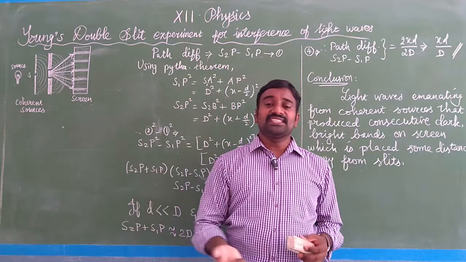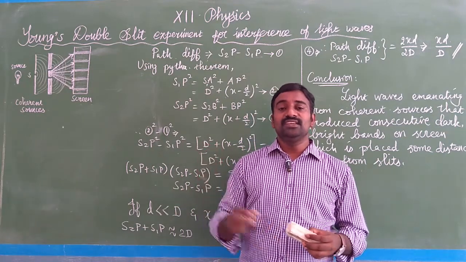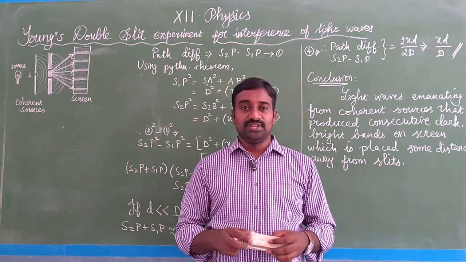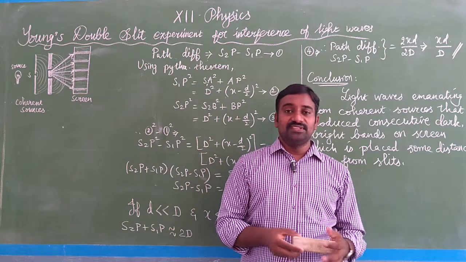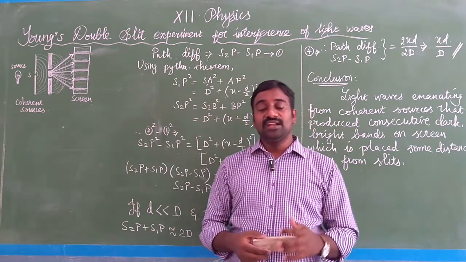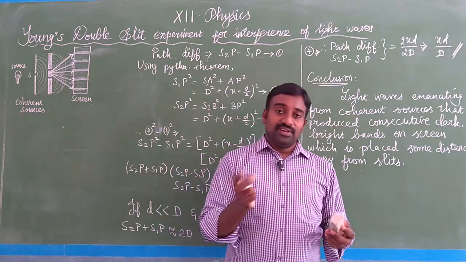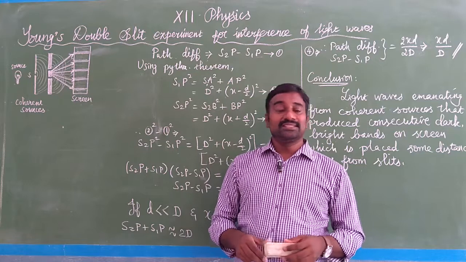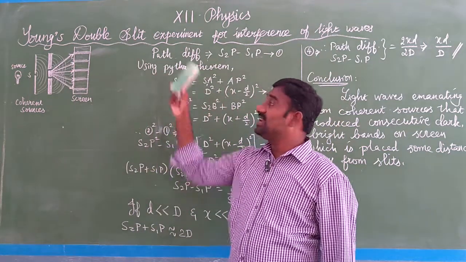So to obtain the maximum intensity, we mostly use coherent sources, because they result in constructive interference, with maximum amplitude and intensity. Now we are going to discuss the interference of light waves using Young's double slit experiment.